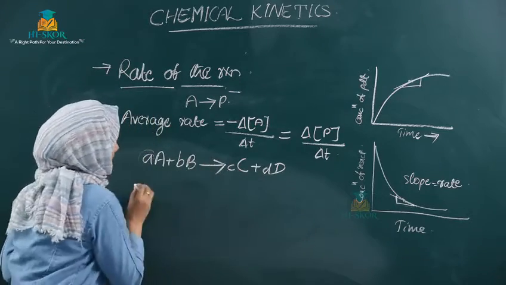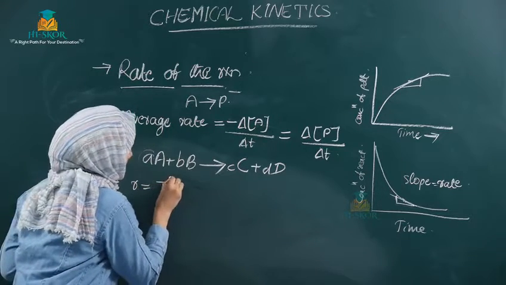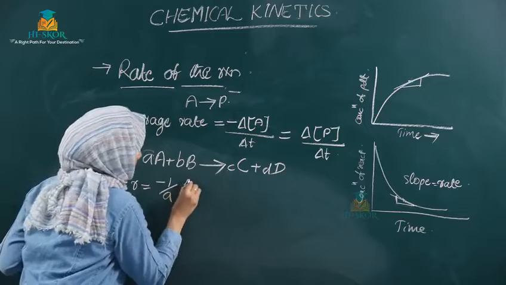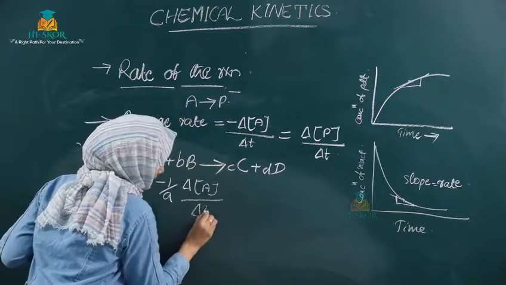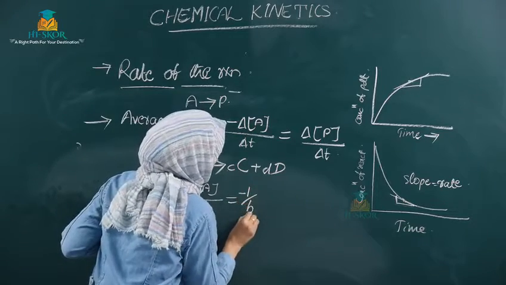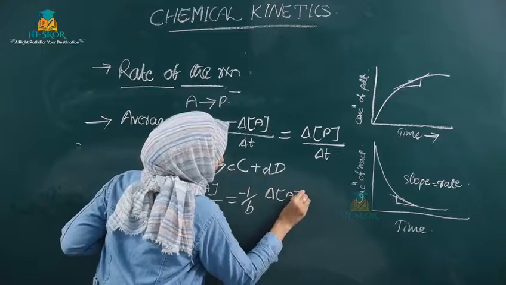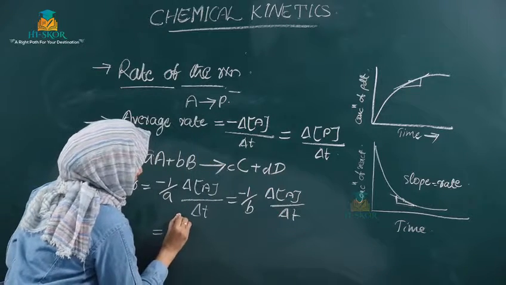Okay. So here rate R is equal to what? Minus 1 by a delta A by delta T, that is equal to minus 1 by b delta B divided by delta T, and that is equal to 1 by c.